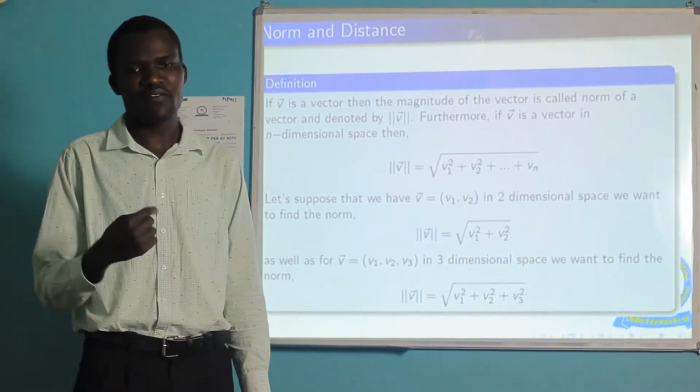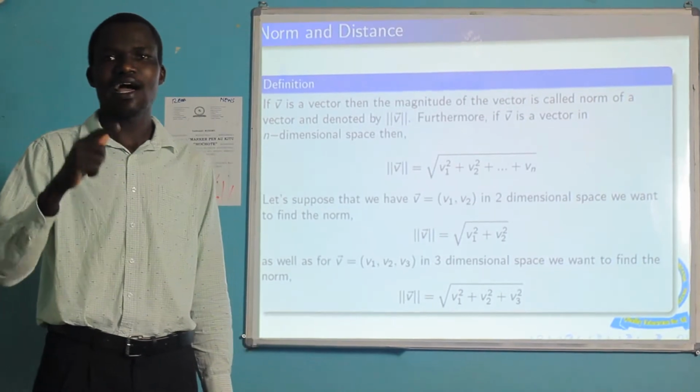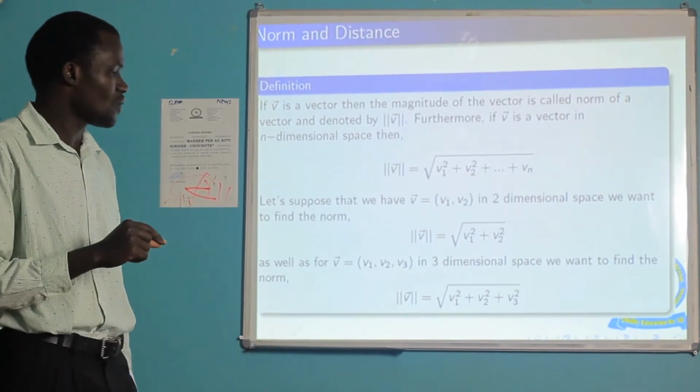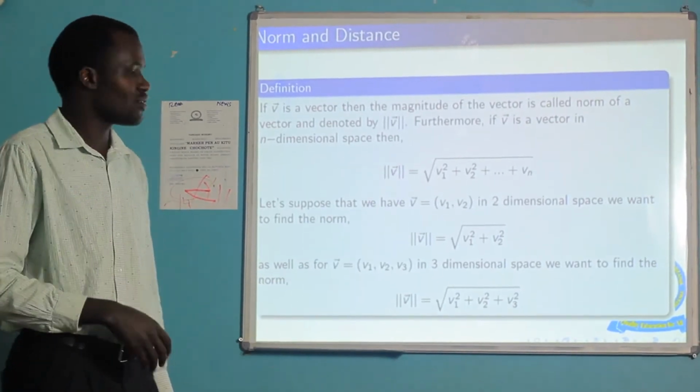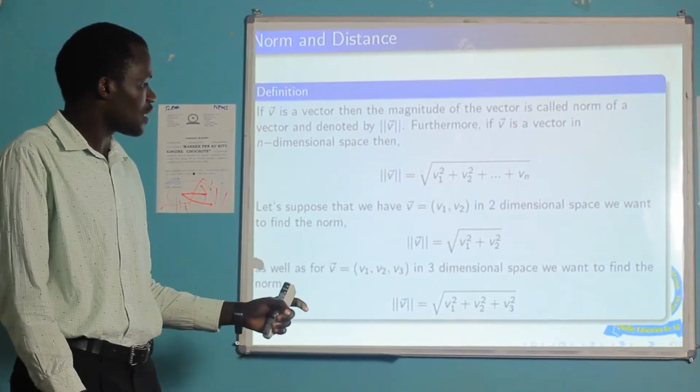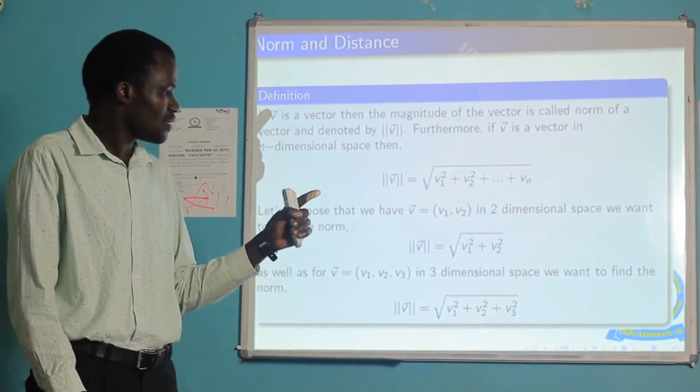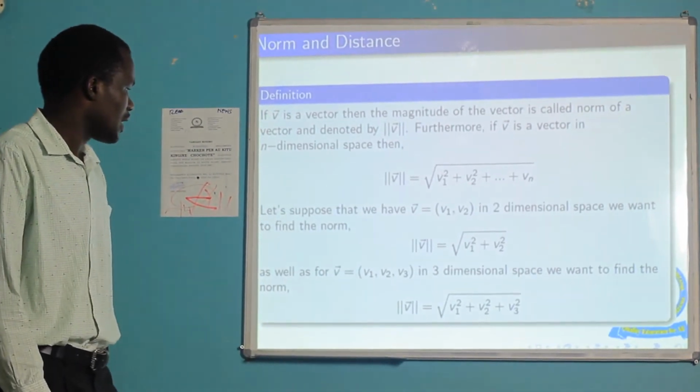We know a vector in 2 dimensions has 2 entries; let's call them v1 and v2. The norm is just the square root of the sum of v1 squared plus v2 squared.